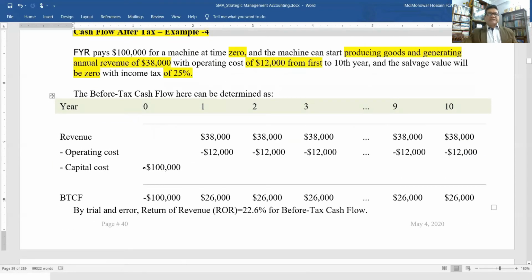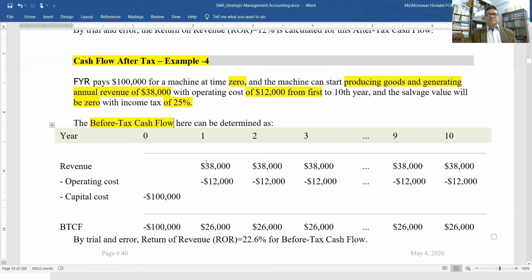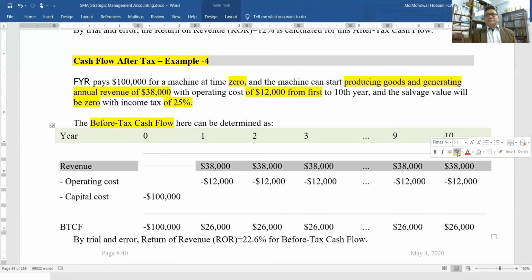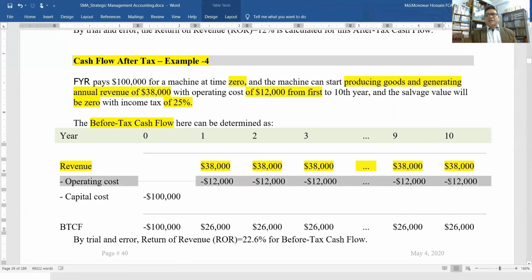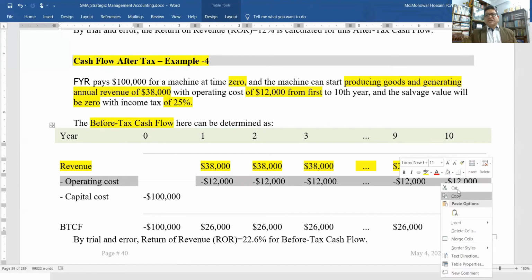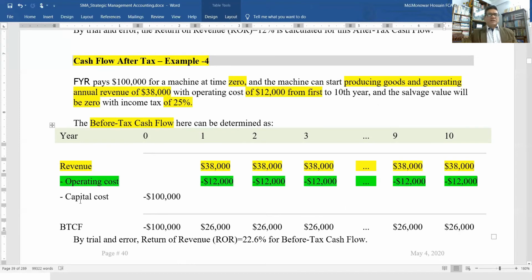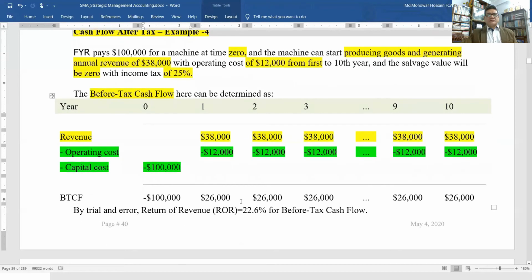In this case, the before-tax cash flow would be, look here, revenue 38,000, less operating cost 12,000, as mentioned in the question. Capital cost, that's the initial investment, 1 lakh.